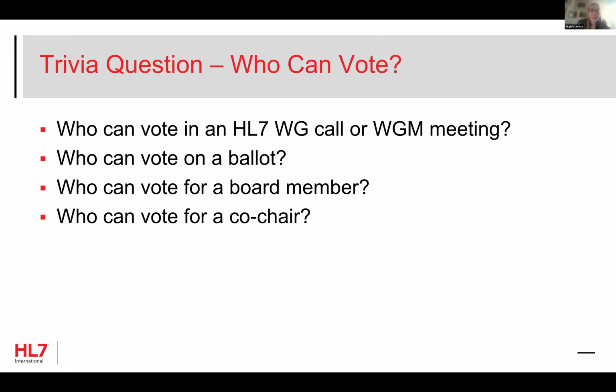Who can vote for a co-chair? Right. Work group members can vote for a co-chair. But how do they know who's a member of a work group?